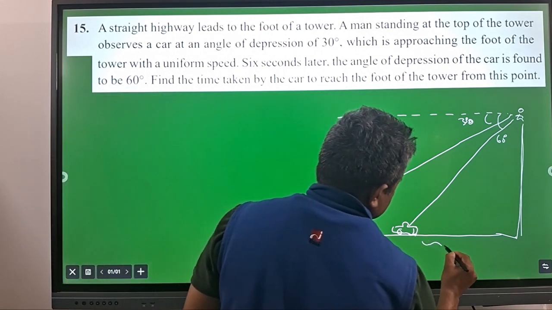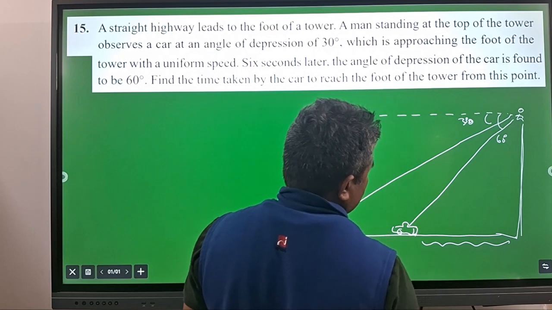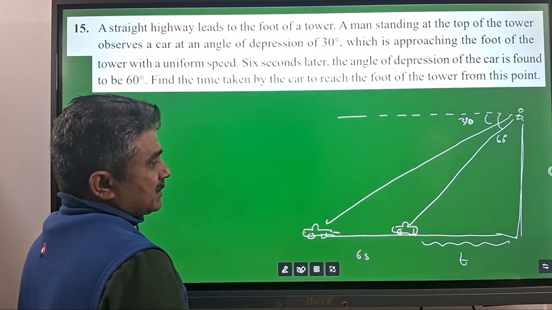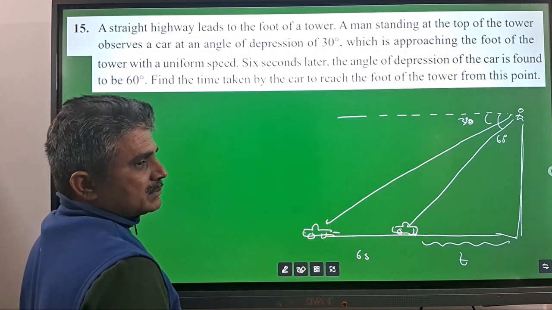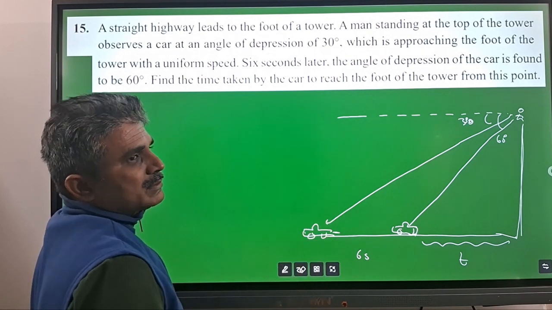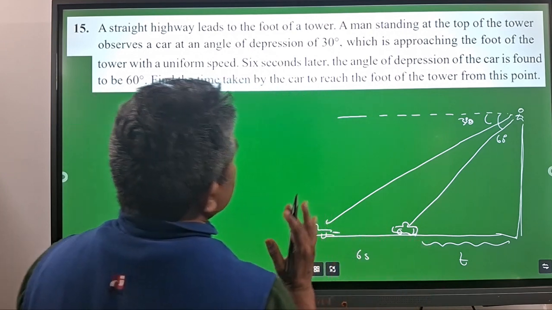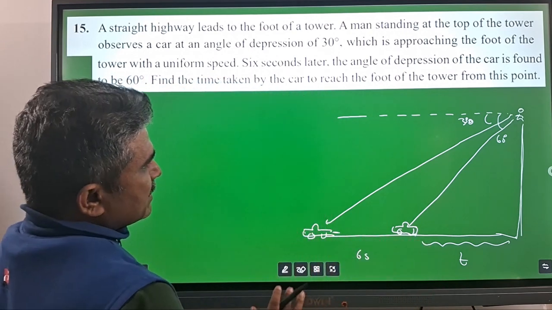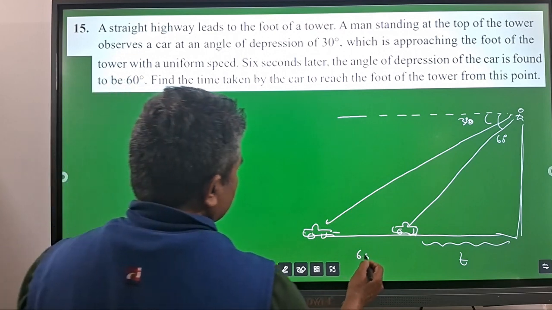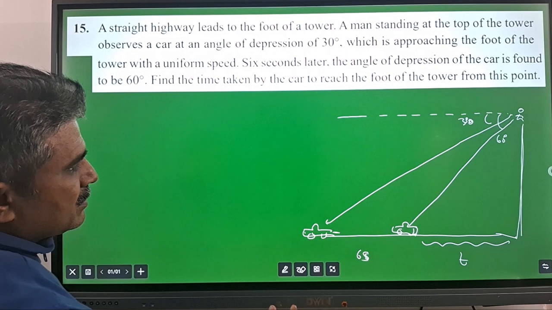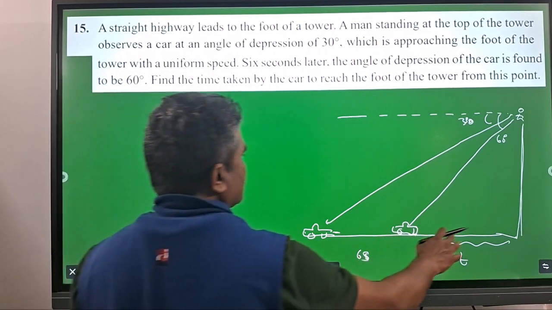So this distance it has traveled in some time, and that time we need to find out. First we need to find the distances, velocities, and then the times. The height of the tower is not given, only angles and the time of approach are given. We need to find the time taken by the car from the second point to the base of the tower.